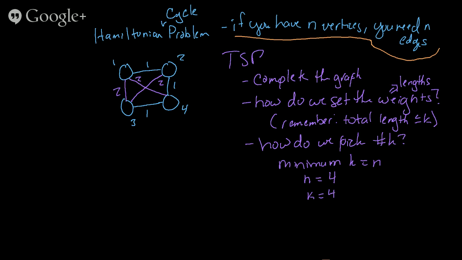And the traveling salesman problem asks, is there a path that visits each one of these vertices exactly once, stops where you started, and has a total length or a total weight of less than or equal to 4? So let's just ask that question about this path now that we have set some weights to it.